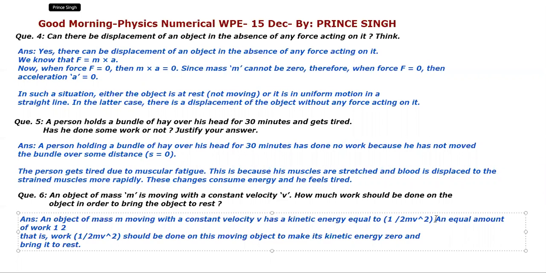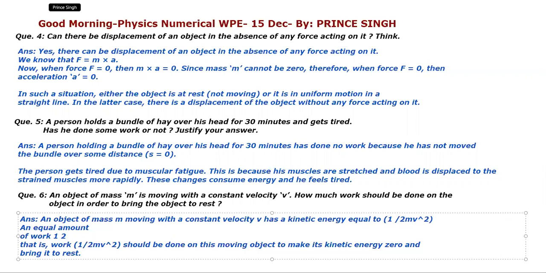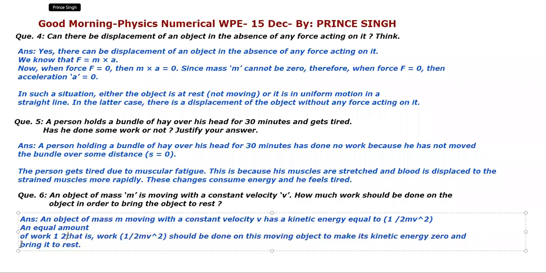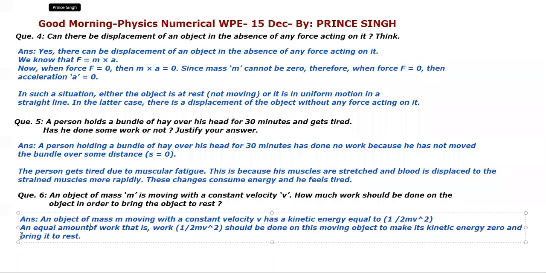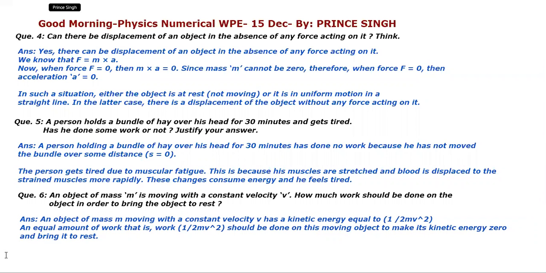So an equal amount of work, that is half mv square, should be done on the moving object to make its kinetic energy zero and bring it to rest. Okay. Clear?